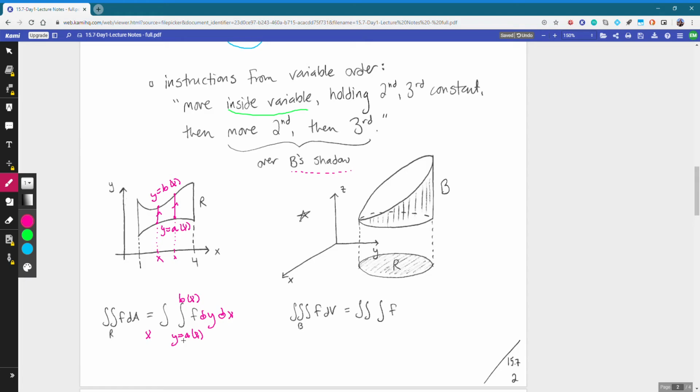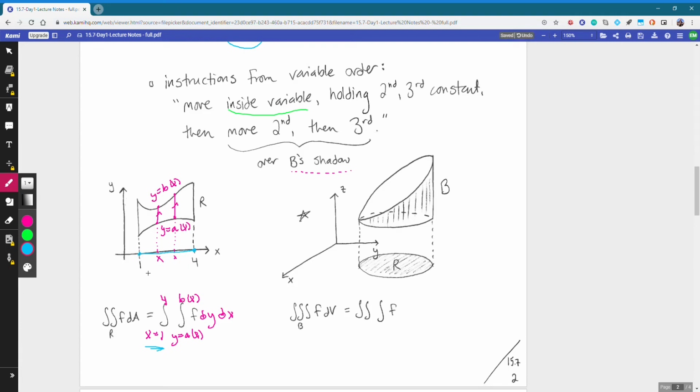And our limits for x, right? These answer the question, well, what x's do we do this for? And we're doing that from x equals 1 to 4. And what I claim is that these limits from 1 to 4 really come from the fact that if we take our region here in the plane and look at its shadow on the x-axis, kind of its y direction shadow, then what we get is the interval from 1 to 4.